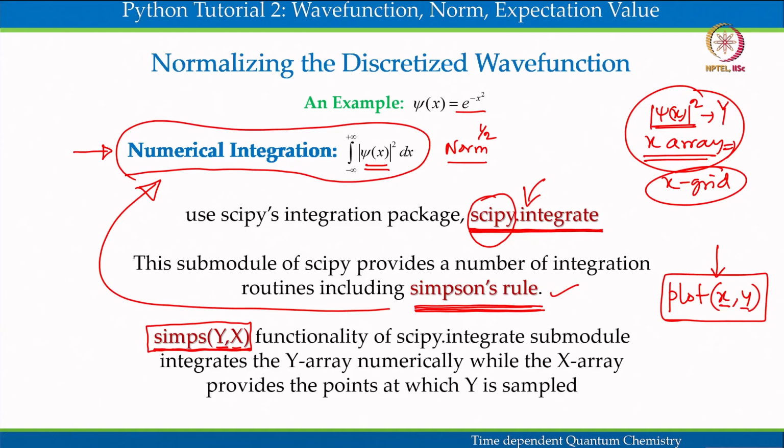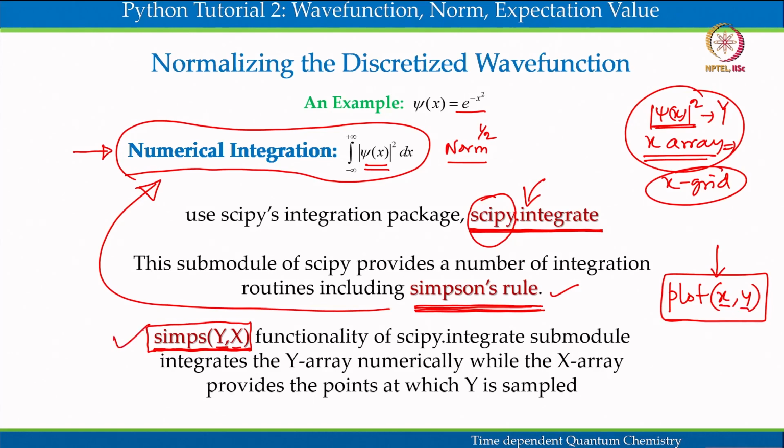So this simps(y, x) functionality of the SciPy integrate submodule integrates the y array numerically, while the x array provides the points at which y has to be sampled to compute the Simpson's rule of the numerical integration.